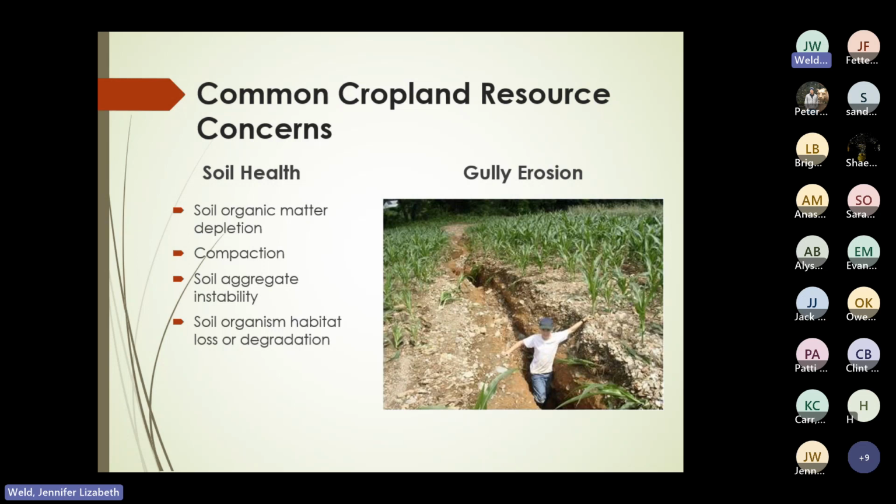We also have concerns with different types of erosion. We discussed gully erosion yesterday. There's an image of that here in the bottom right-hand corner. Gully erosion is different from sheet and rill erosion. This is classic gully erosion. It looks like a ditch running right through the field.